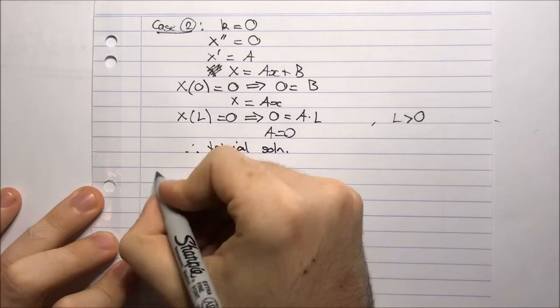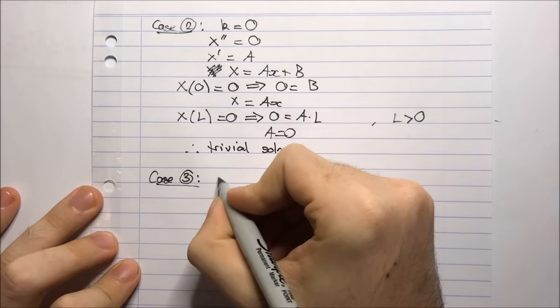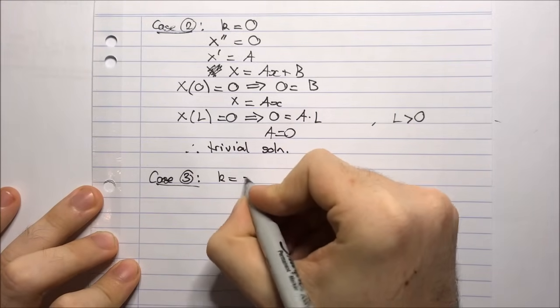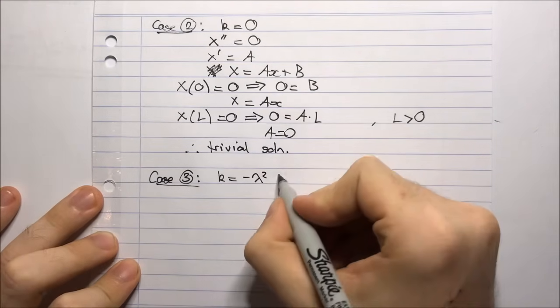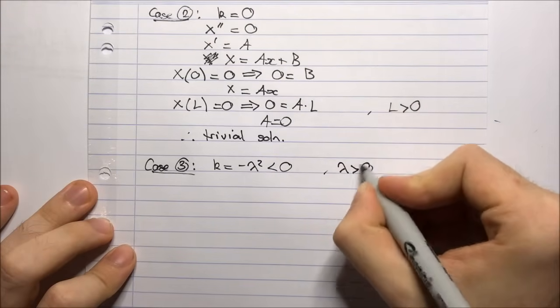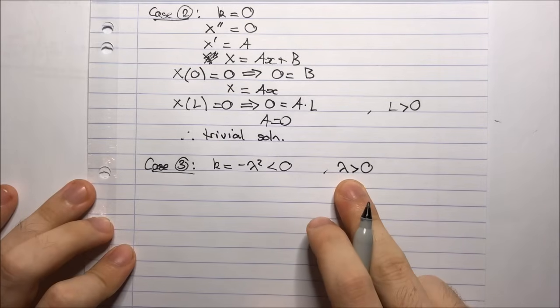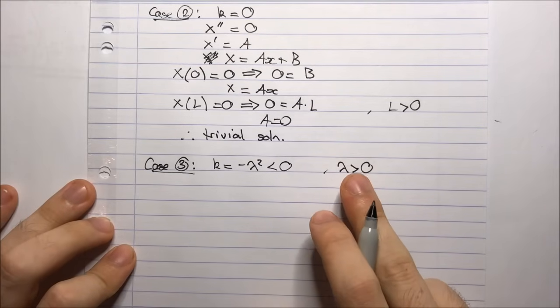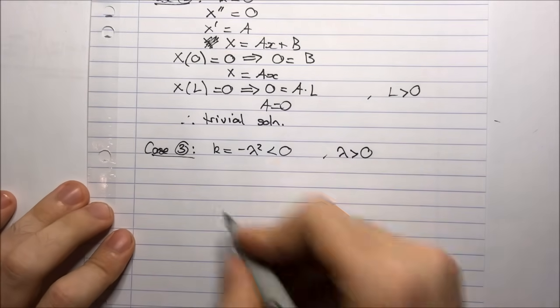So I need to consider the third and final case, that k is equal to negative lambda squared. Now, negative lambda squared is always going to be less than 0, and I can also say that lambda is greater than 0. That's not really that important. It could be less than 0, it could be greater than 0, but the main thing is that it's not equal to 0. Okay, continuing on.